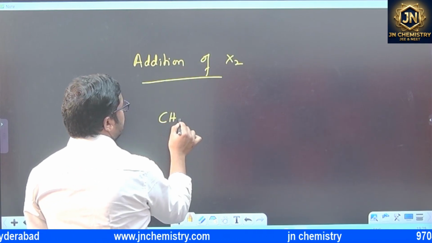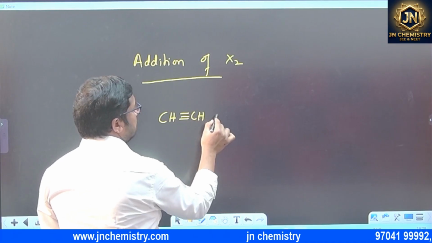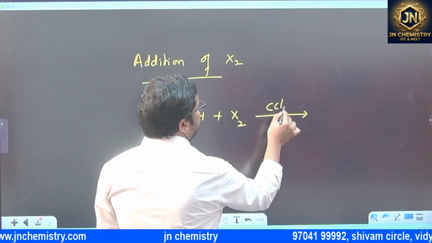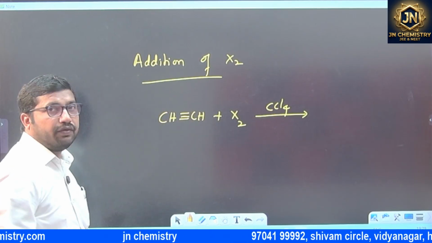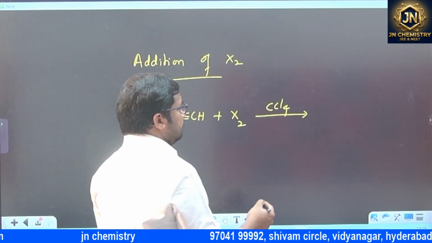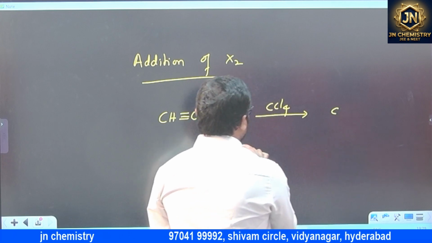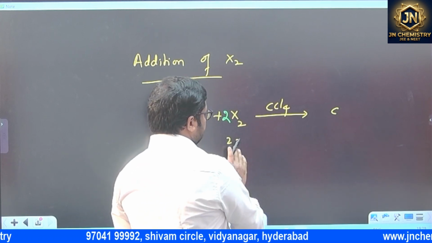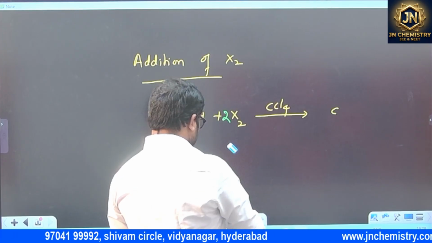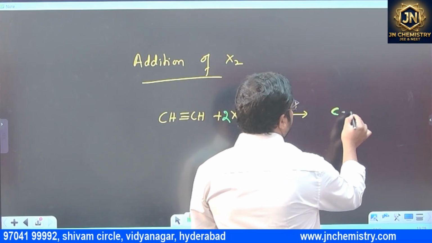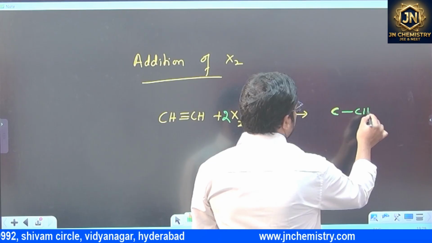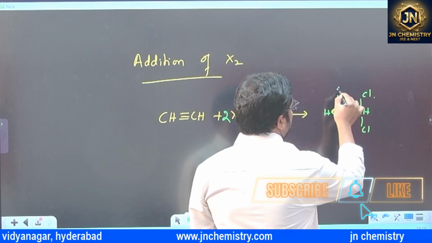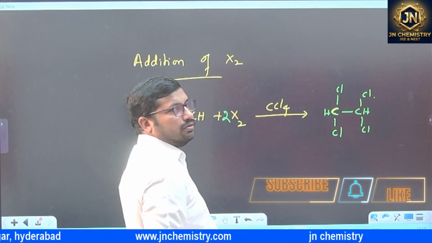Next, addition of X2. For example, CH≡CH, X2 in CCl4. If you are taking 2 moles, directly I am writing here as 2 moles: CHCl2-CHCl2, tetrachloro product.